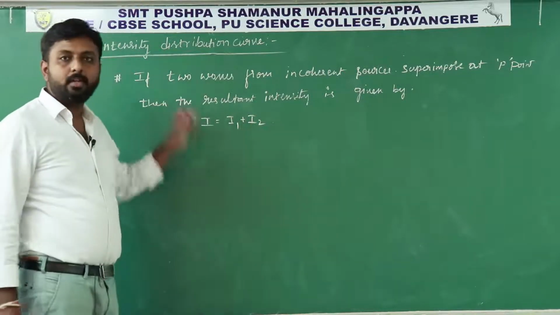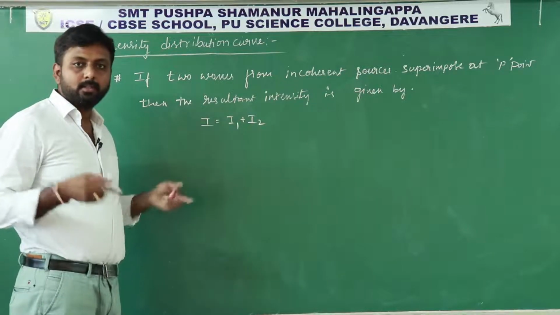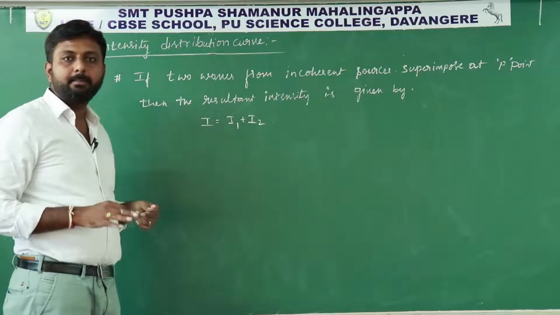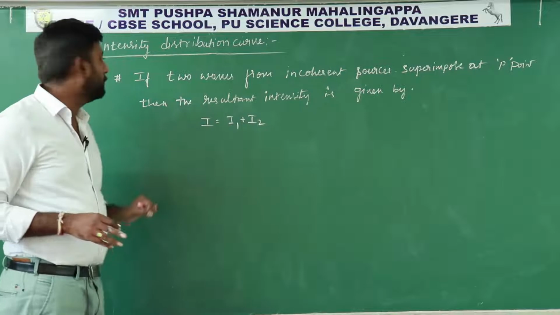Okay, this is for incoherent sources. From two incoherent sources, the light waves superimpose at point P, then the resultant intensity is I1 plus I2.